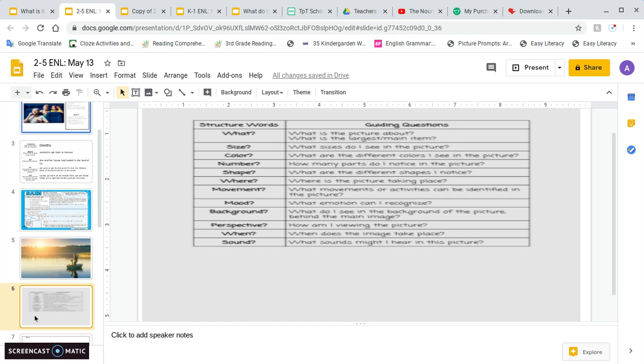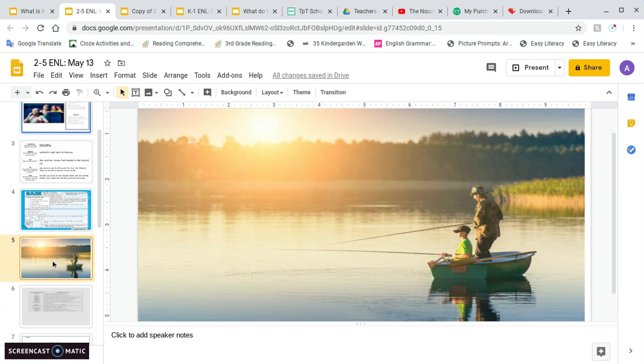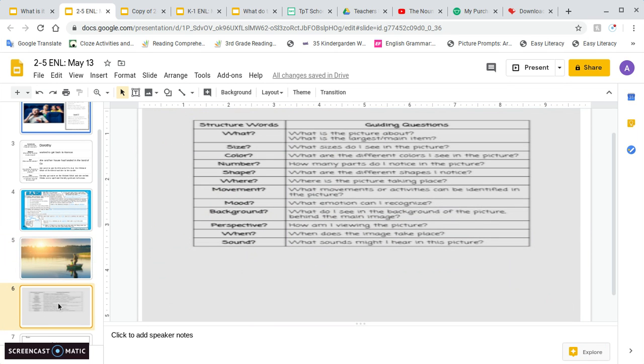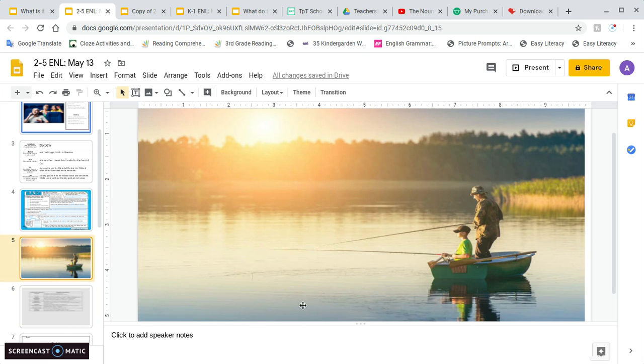How am I viewing the picture? The perspective is that the boat is a lot closer to you than the sun. So that's the first thing we're seeing. Okay, when is the image taking place? We said the morning, and then what sounds go along with the movement? What sounds would you hear?